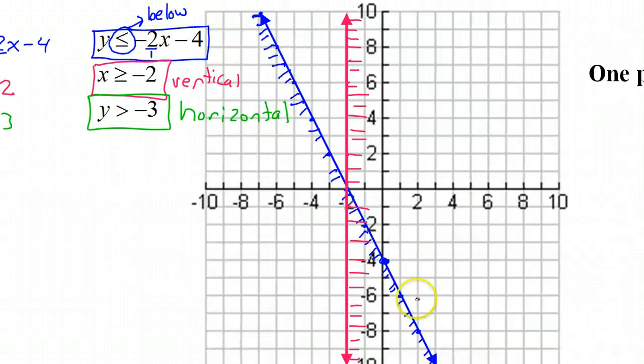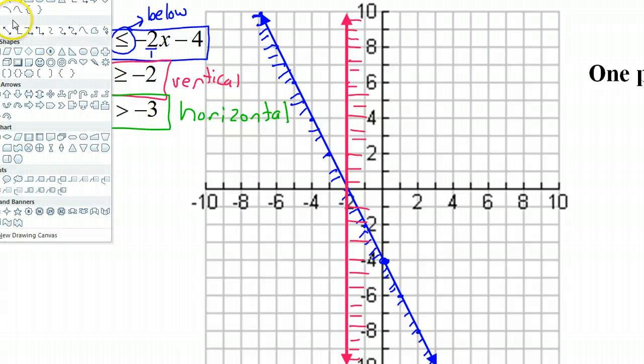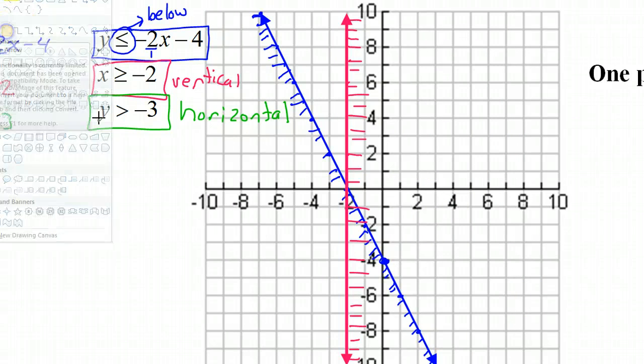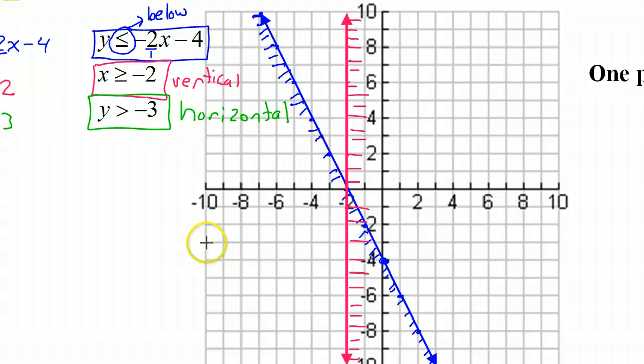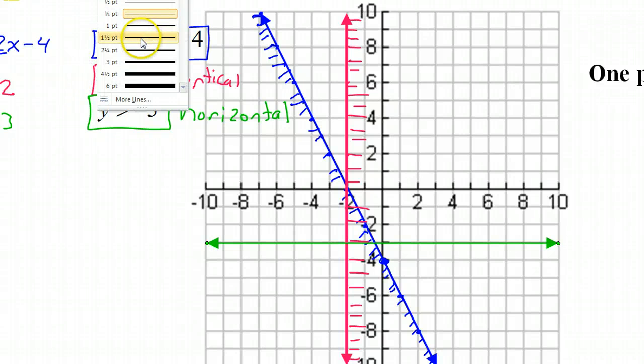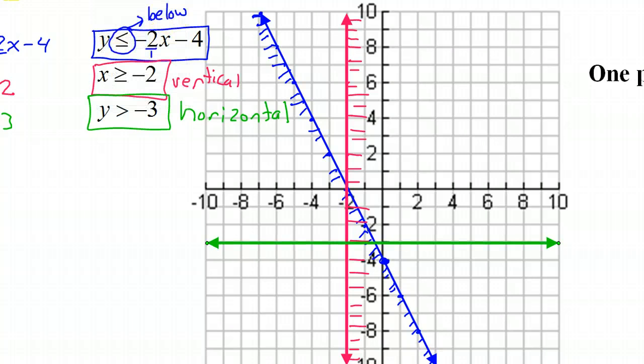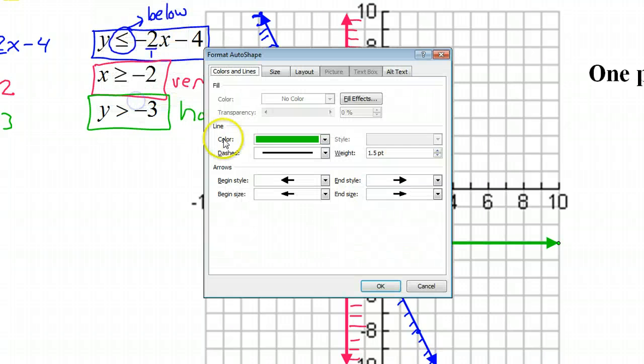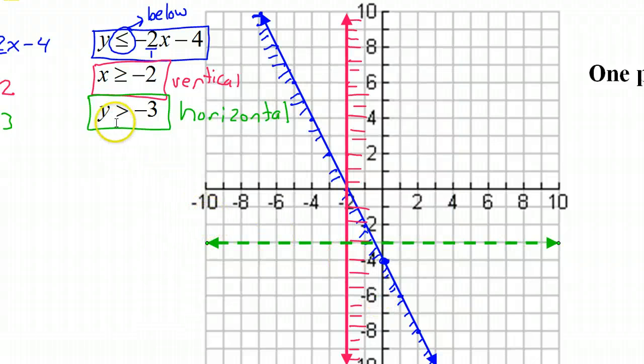So we need a horizontal line at -3. Alright, except for this one is going to be dotted because it's not or equal to. Okay, so there's your y equals -3.